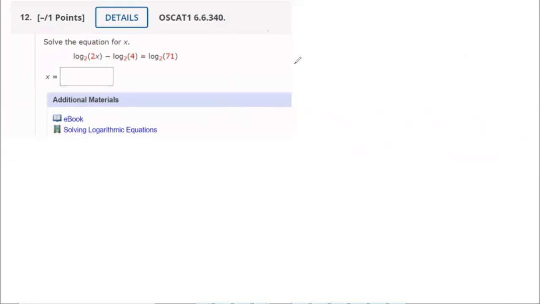Sample time: log 4 of 5x minus log 4 of 5 equals log 4 of 2x plus 4. You have 2 logs and then a minus sign. So that means you need to divide these two.